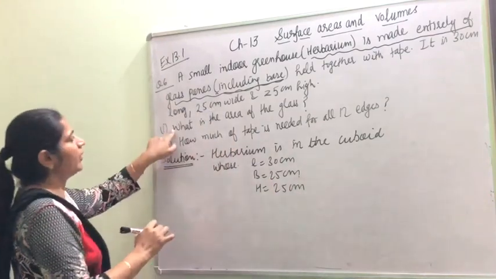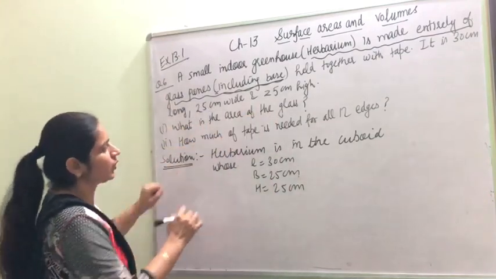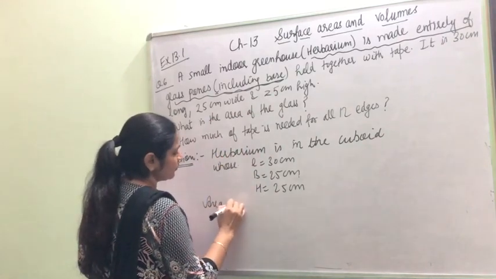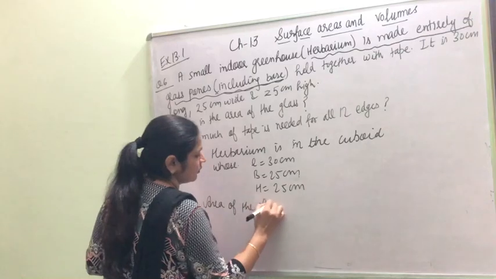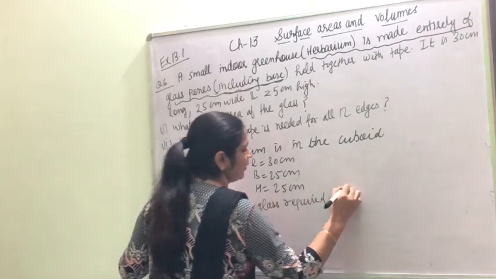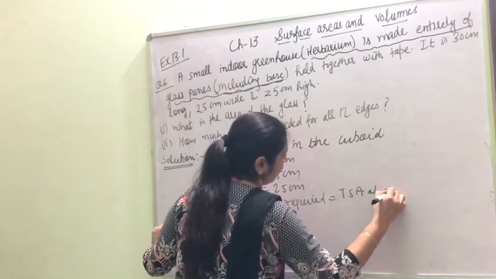In the first part, we have to find what is the area of the glass required. Area of the glass required is the total surface area of a cuboid.